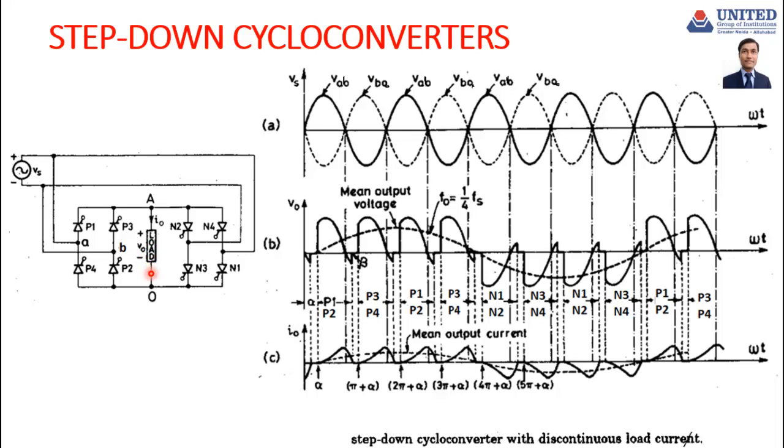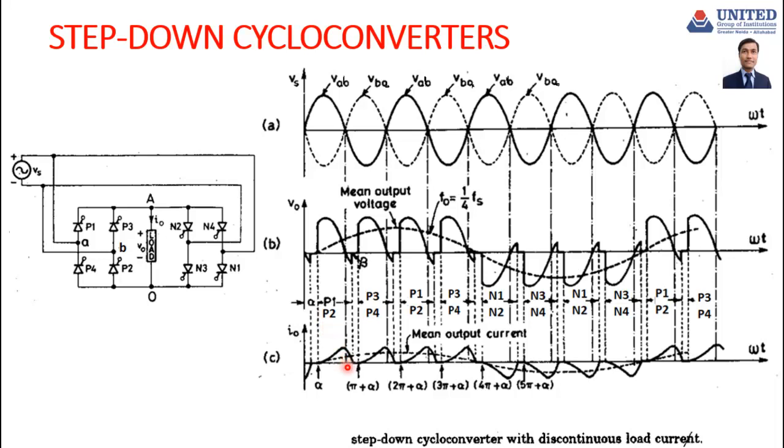Now the conduction of P1 and P2 can be extended to beta. Here the conduction angle will be beta minus alpha. Therefore the load current is 0 at omega t is equal to beta, and thyristors P1 and P2 are naturally commutated and turn off.